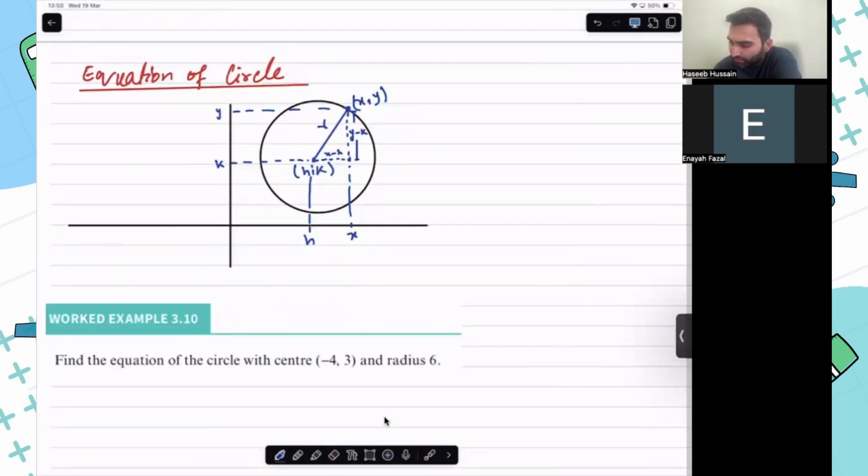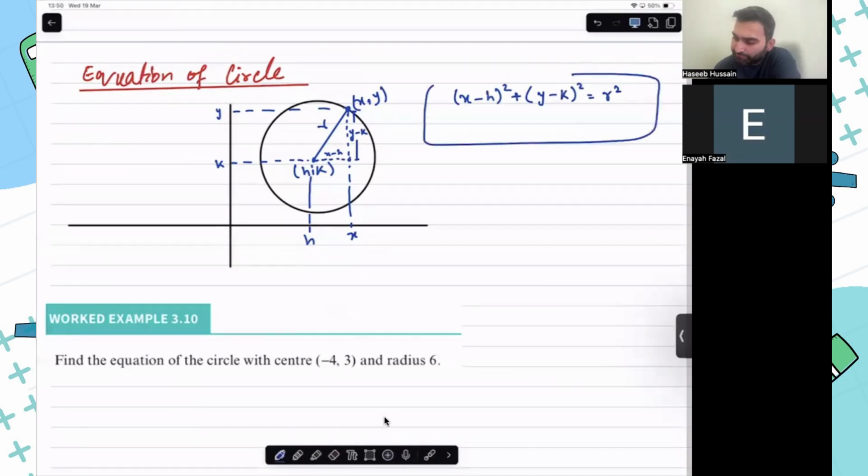So now the Pythagoras theorem would be x minus h whole square plus y minus k whole square equals r square. Get it? So this is the equation of a circle with center h comma k and radius r.